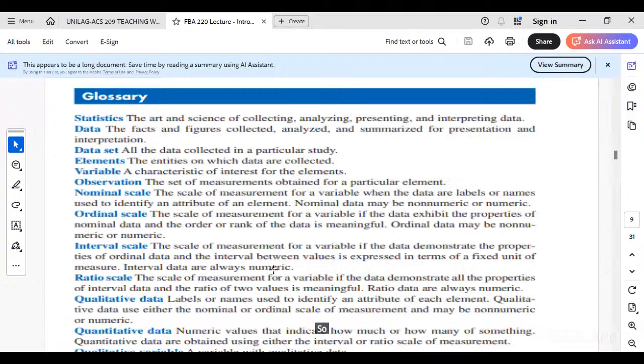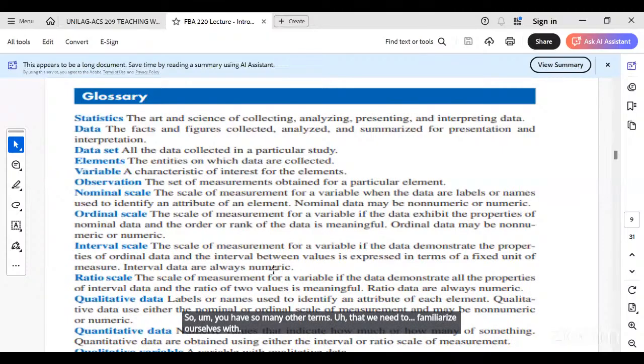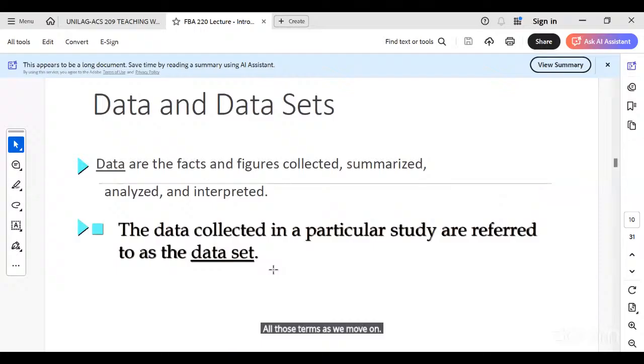So you have so many other terms that we need to familiarize ourselves with, which include elements, variable, observation, and so on. I want you to please familiarize yourself with all those terms as we move on. Remember, we defined data last week as facts and figures that are collected, analyzed, and interpreted for decision making.